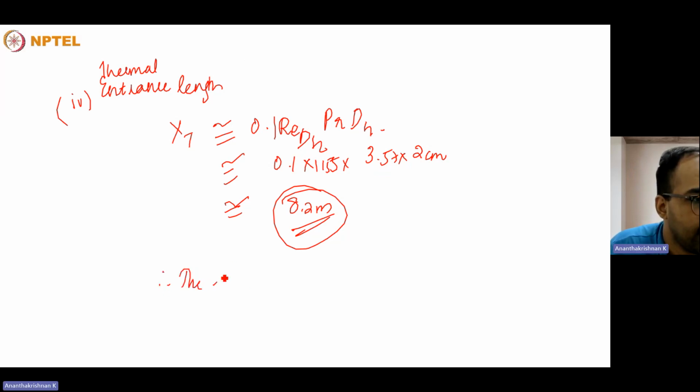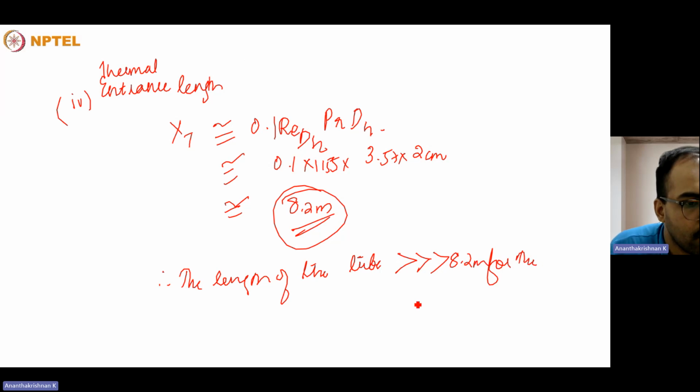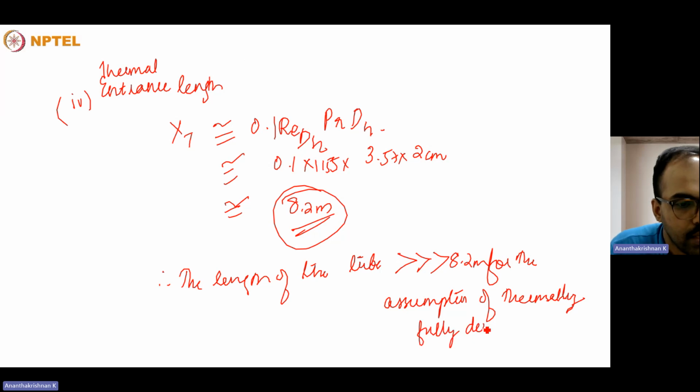Therefore, the length of the tube must be very much greater than 8.2 meters for the assumption of thermally fully developed flow to be satisfied.